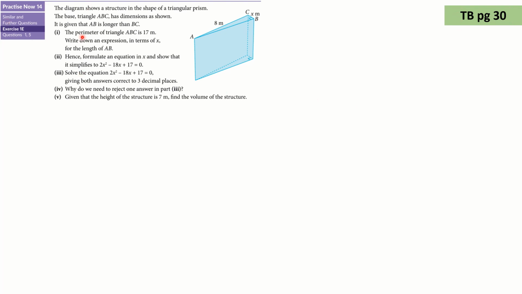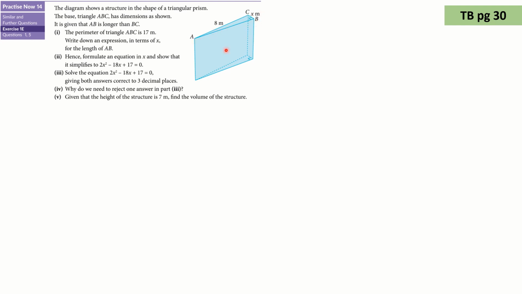So in part 1, we mentioned that the perimeter of the triangle ABC is 17 meters, and we want to find an expression for AB. The perimeter would include AB, BC, and AC, so it will be 8 plus x plus AB.